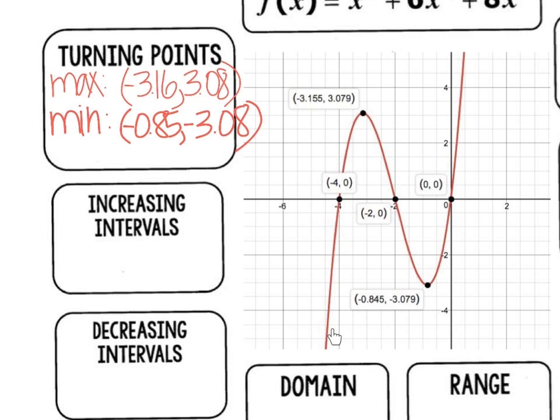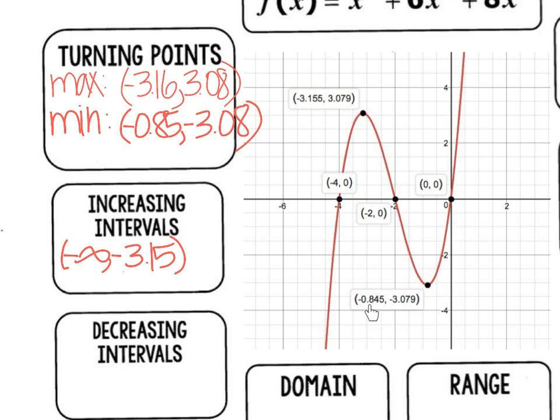Now our increasing intervals. When is our skier going up the hill? So skier is going up the hill from negative infinity all the way up until negative 3.16. We use that x coordinate. So that is an increasing interval. Our skier is also going up the hill from this point right here to infinity.